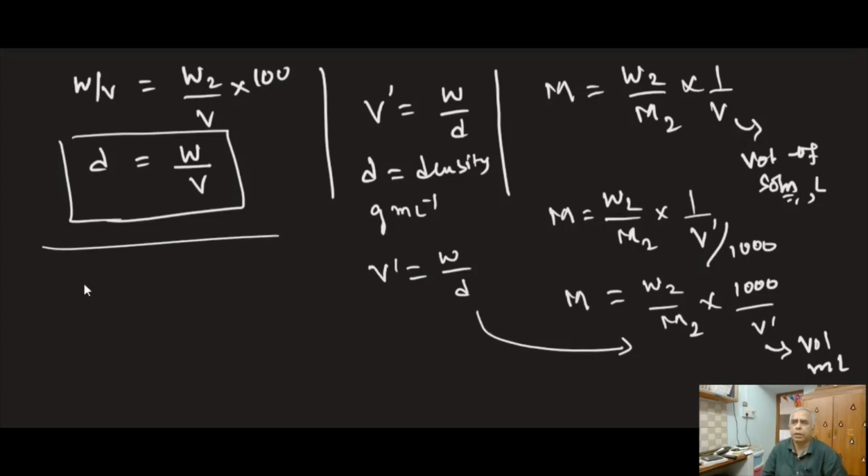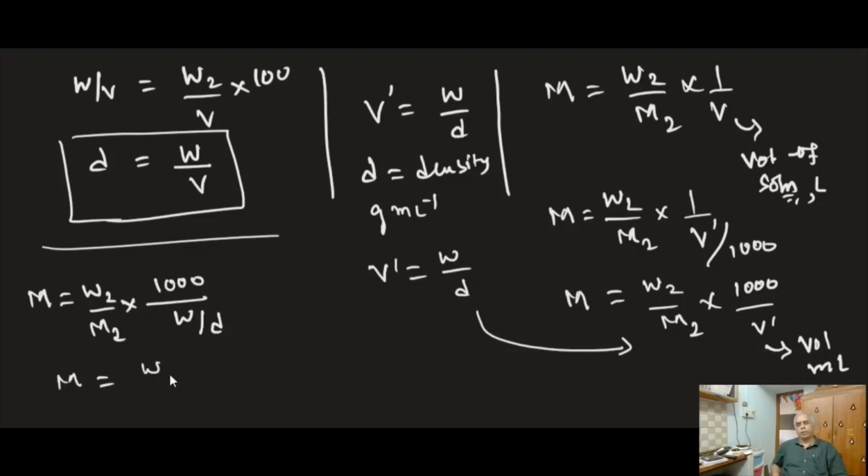So V dash is equal to W by D. So we can substitute suitably the V dash by W by D. So M is equal to W2 by M2 into 1000 divided by, instead of V dash, you can put W by D. Therefore, M is equal to W2 by M2 into 1000 into D divided by W. Is it clear? Where W is equal to weight of the solution and D density of the solution.